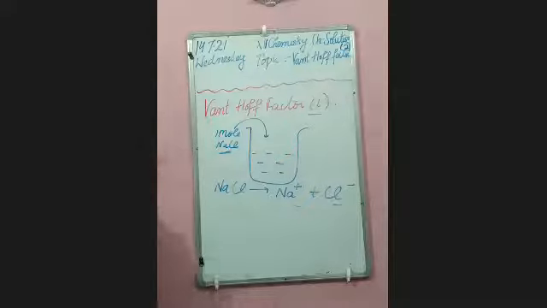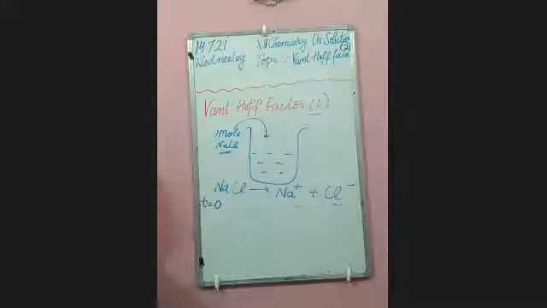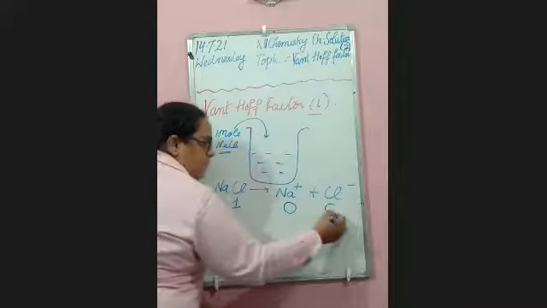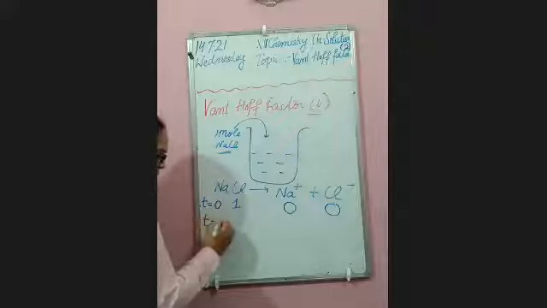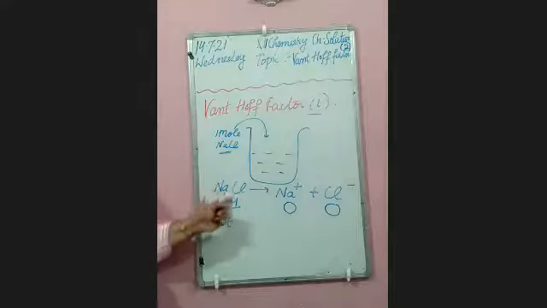So suppose when we start the reaction at 0 seconds, there is 1 mole of NaCl present in this reaction mixture. So it is not dissociating, so Na plus and Cl negative are 0. And at time t, suppose after 15 seconds or at any time t, it is completely dissociated.